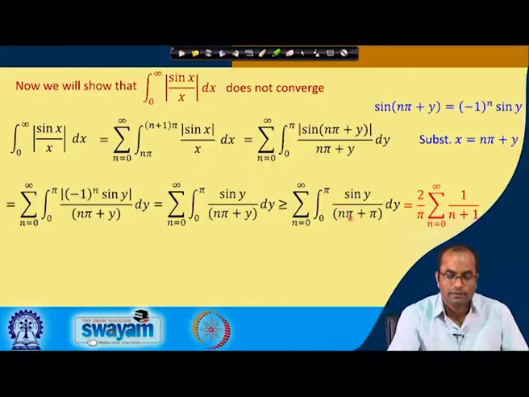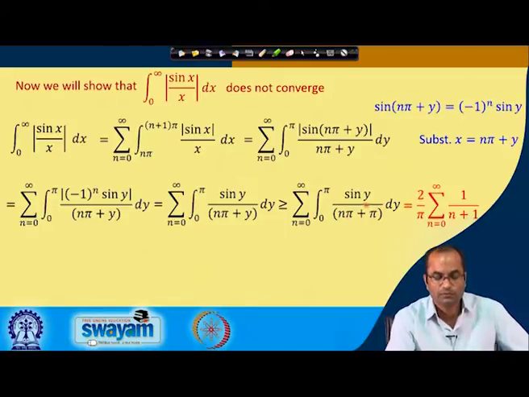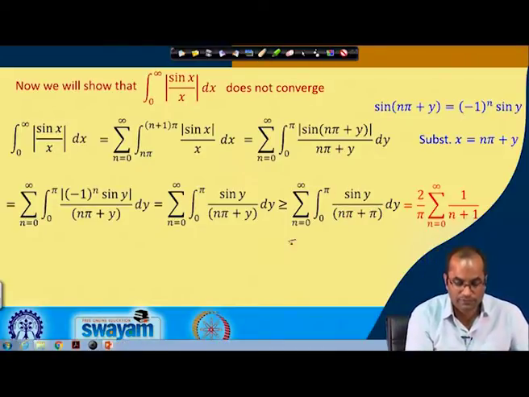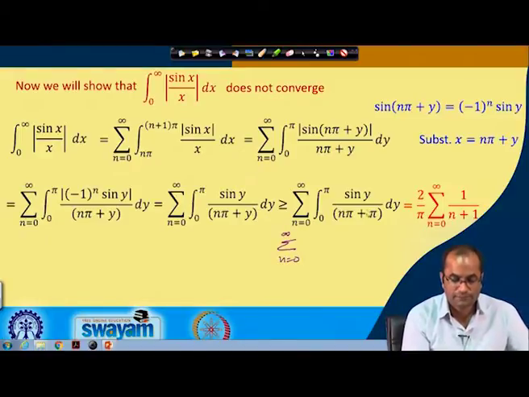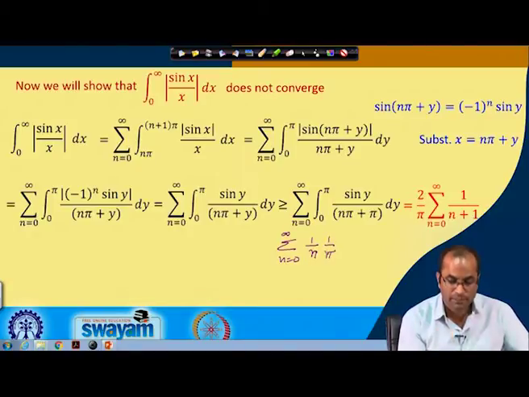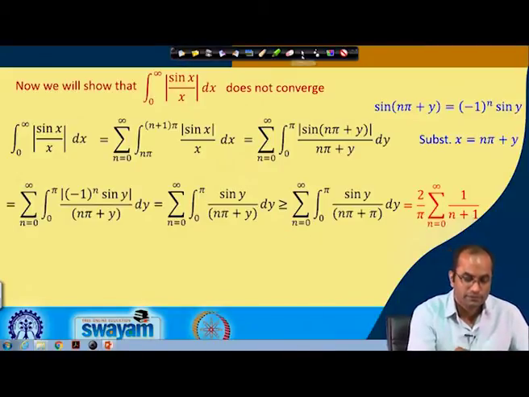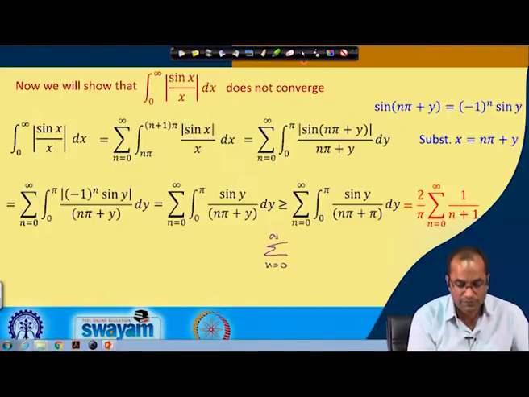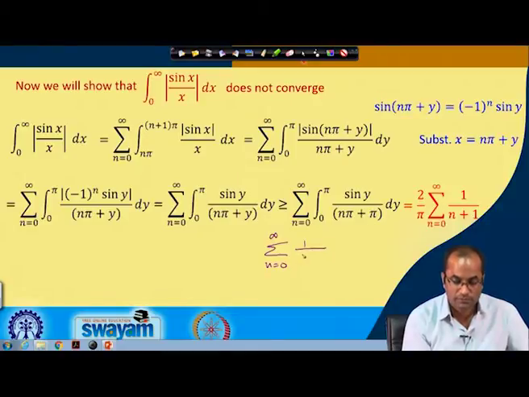So we have the summation, n goes from 0 to infinity, and 1 over n stays as it is, and we also have this π here. So 1 over π(n + 1), and the integral from 0 to π of sin y dy.